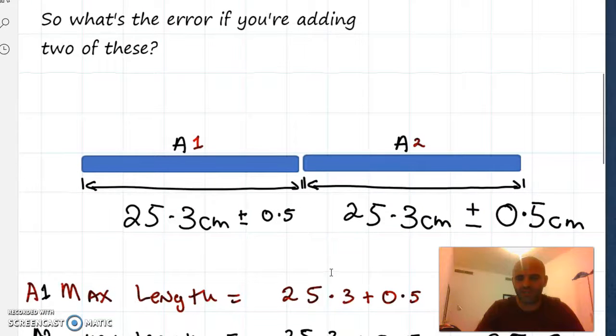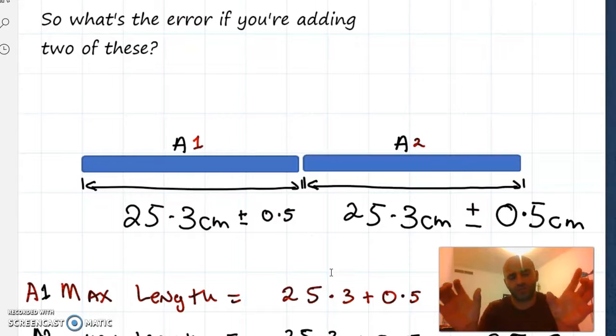I'm going to just label them A1 and A2. So the first one's 25.3, second one's also 25.3, we think. But we also know that there's about half a centimeter of error on the first one, there's half a centimeter on the second one.